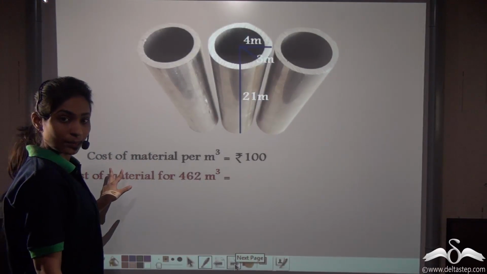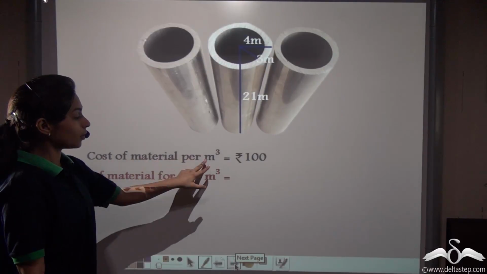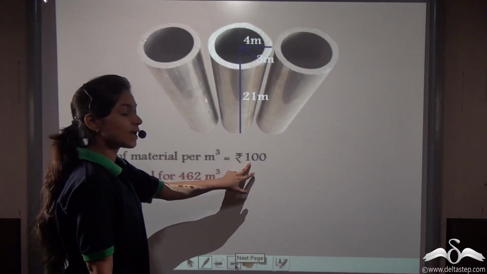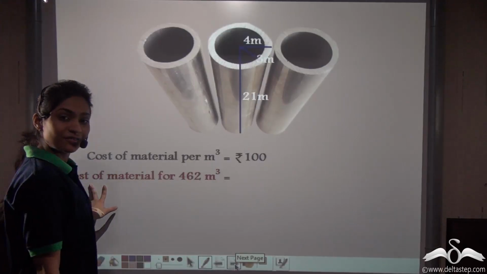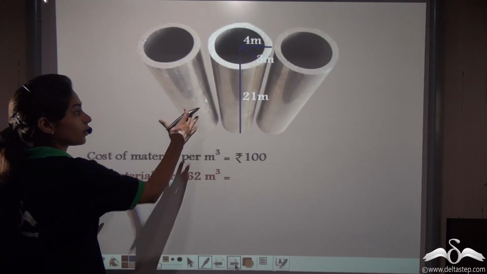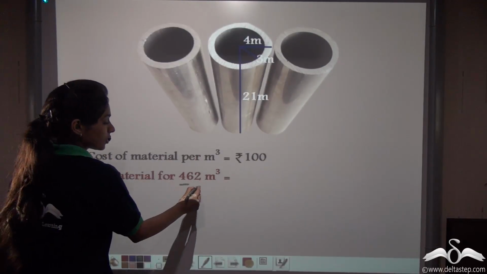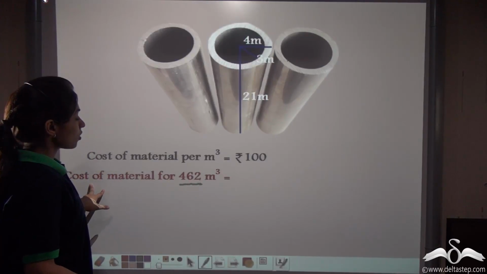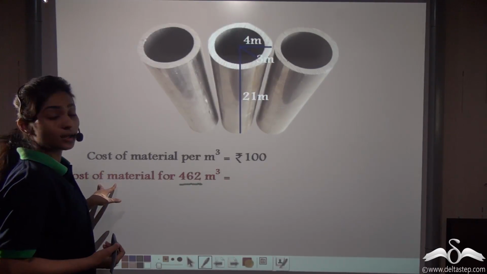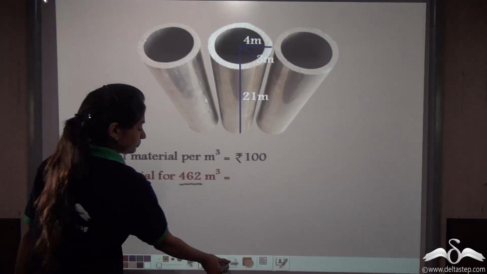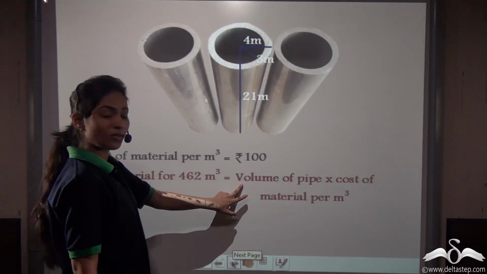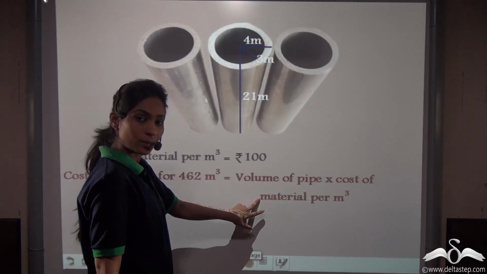Now the petrol company found out that the material per meter cube would cost them rupees 100. Now they have already found out how much material they would require to make these pipelines, that is 462 meter cubes. So how much money they would now incur to make these pipelines? This is actually volume of pipe into cost of material per meter cube.